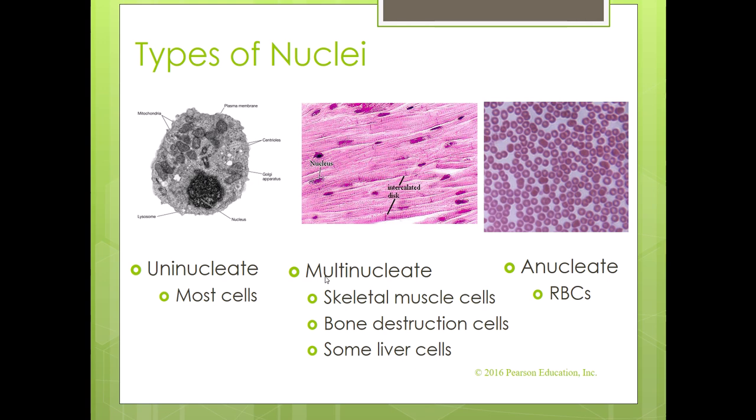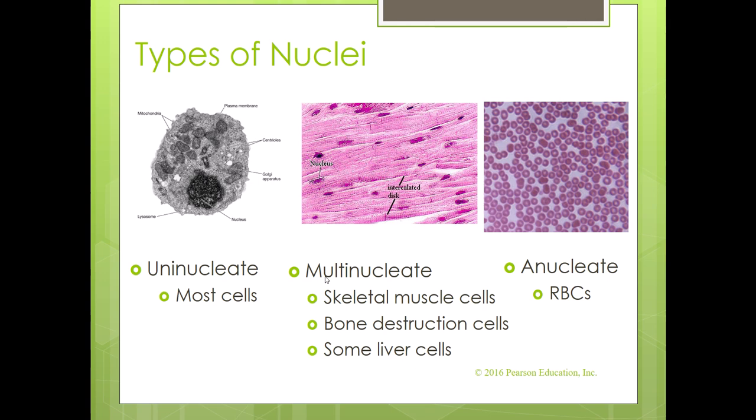A bunch of cells merge together to make one skeletal muscle fiber, and so skeletal muscle cells end up with multiple nuclei. The same thing happens with some of the cells in our bones. They end up merging together and become these huge multinucleate bone-eating cells, and then some of our liver cells fall into that same package.